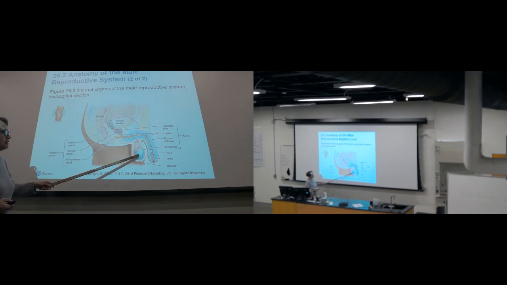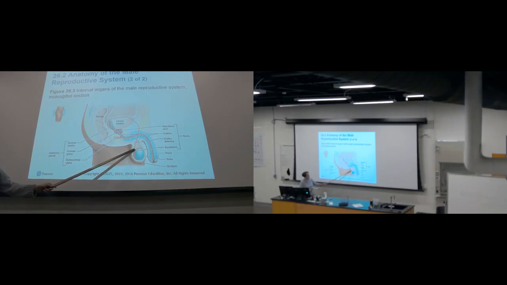Here we have the testes located in this pouch-like structure that is called the scrotum. And then posterior to the testes, we have the organ of maturation of the sperm cells, which is the epididymis. It looks like a dolphin. It is basically embracing the testes posteriorly, superiorly and inferiorly.